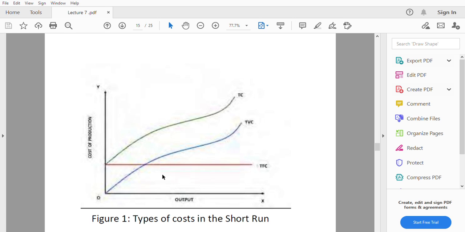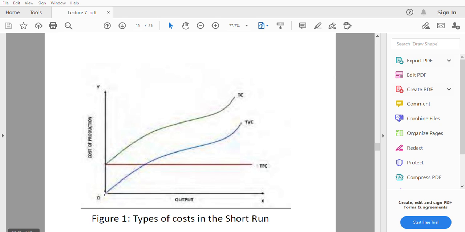These are the shapes of the different types of cost. The total cost, because it has total fixed cost and total variable cost, starts from where the total fixed cost starts. Since the total fixed cost is constant, fixed cost means it doesn't change, it's the same throughout, so it takes the shape of the total variable cost.